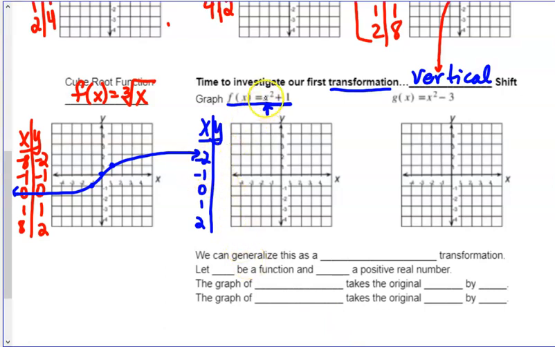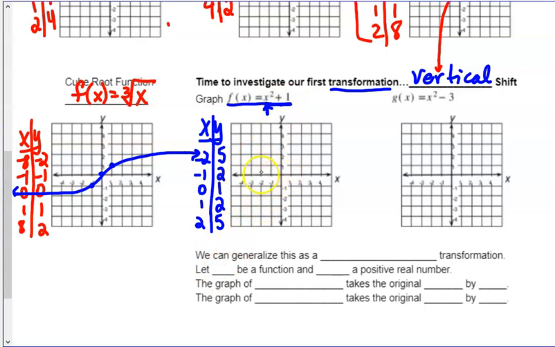If we throw -2 in and square it, we get 4 plus 1 is 5. If I put -1 times -1 in there, that's 1 plus 1 is 2. 0 squared is 0 plus 1 is 1. 1 squared is 1 plus 1 is 2. And 2 squared is 4 plus 1 is 5.